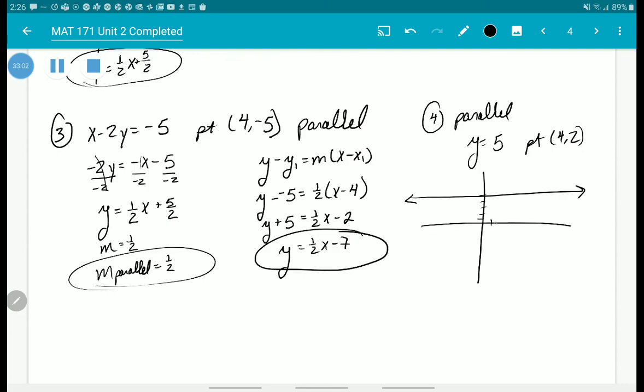We want to go through 4, 2. If I want to be parallel to this line through this point, it would have to look like this. That's my only option, which means I now have another horizontal line. And that horizontal line's going through that point of 2 here. So it's going to be the line y equals 2.